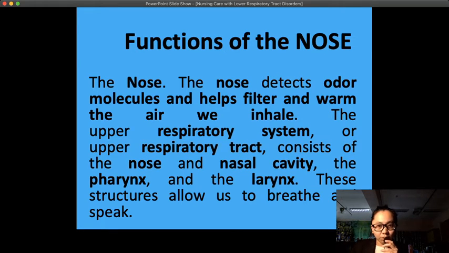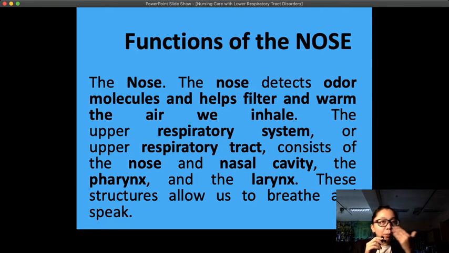The nose filters the molecules, particles, and atoms. The nose is the one filtering anything that goes inside our respiratory system.